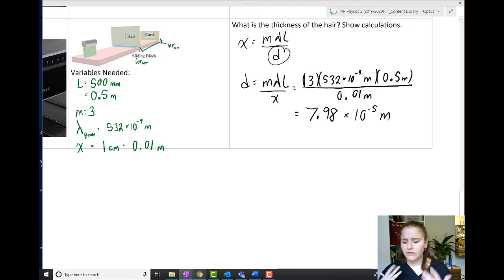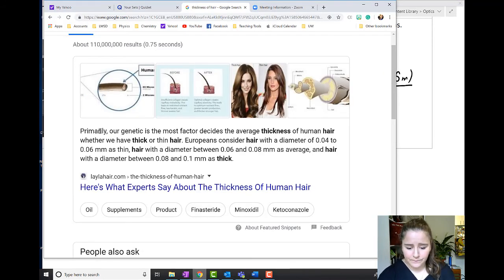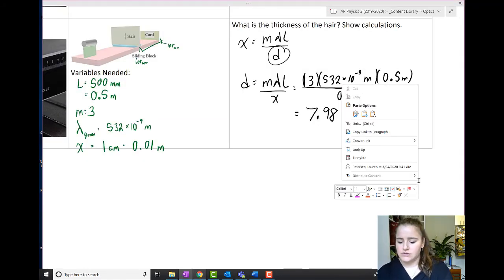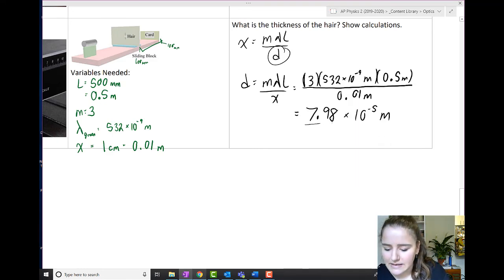Okay, so of course I want to know, is that reasonable for the thickness of hair? So we went ahead and we Googled it, okay? And it says hair 0.04 to 0.06 millimeters thin, okay? So let's go ahead and convert this to millimeters real quick. We know in 1 meter there are 10 to the third millimeters, okay?